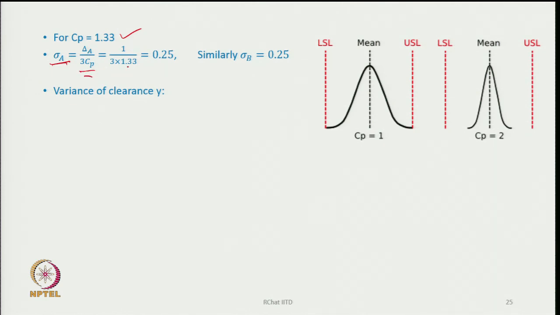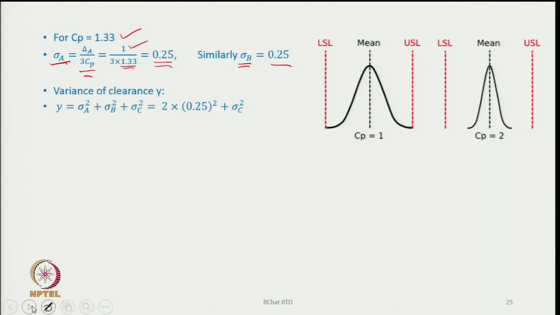If we go by this, the tolerance has been stated to be 1, and 3 into Cp value 1.33, therefore I find that the standard deviation of A is going to be 0.25. Similarly, the standard deviation of B is also going to be 0.25, because the tolerance of B is the same as the tolerance of A, both are plus minus 1 centimeter.